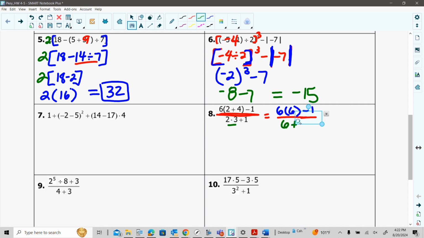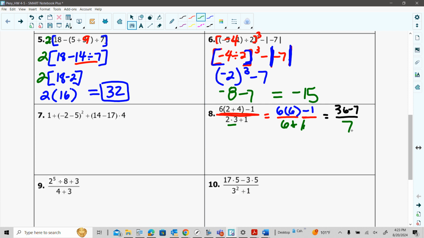So that's 6 plus 7 on the bottom. When we simplify this, we get 36 minus 1 on top, I put 7, sorry, 6 plus 1, which turns into 7.